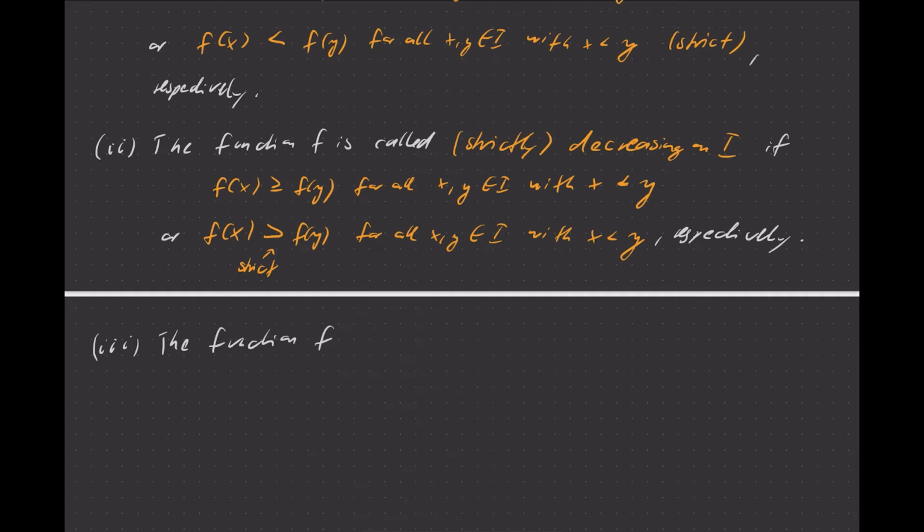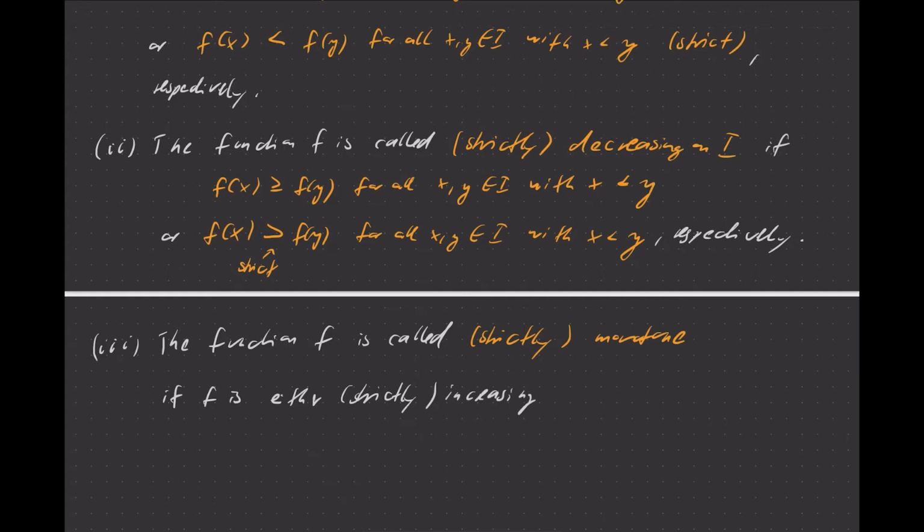So the function f is called monotone or strictly monotone if f is either increasing or strictly increasing or decreasing or strictly decreasing.